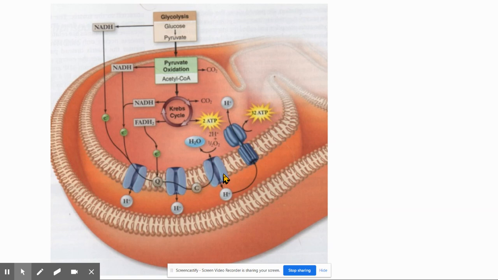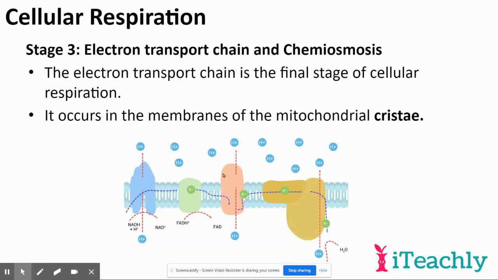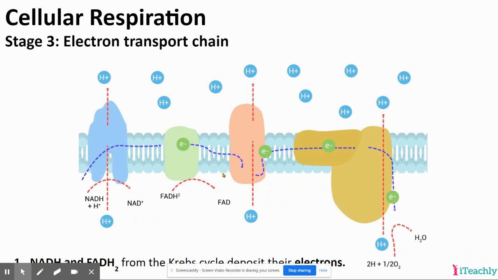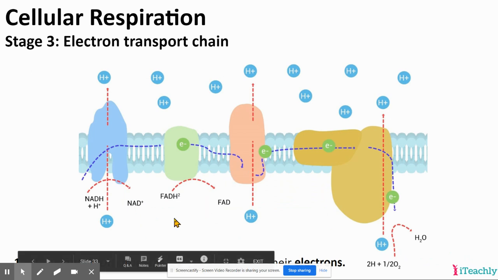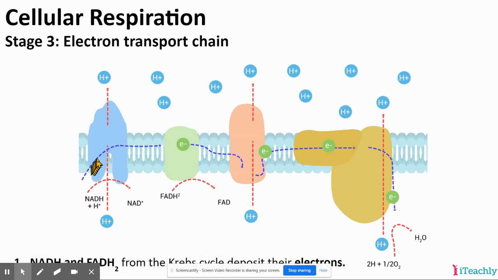Right? So we still have not made very much ATP. The NAD is actually going to come in here. It's going to lose its electrons, and those electrons are higher energy.